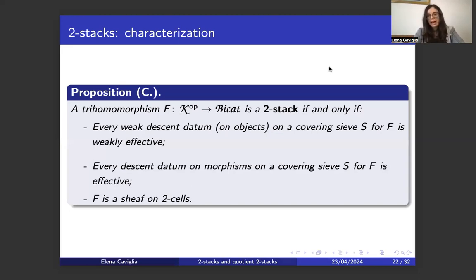And the two-stack is a higher dimensional version of a stack. So there are two steps. Yeah, but do we have a sheaf of rings kind of thing? Is there something called two-rings and so on? Oh, this I don't know. Maybe. I don't know. I see. Okay, thank you.